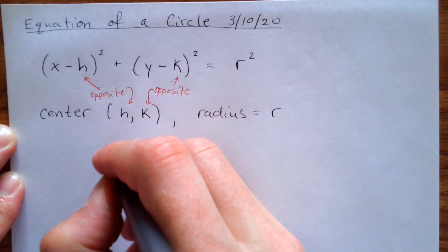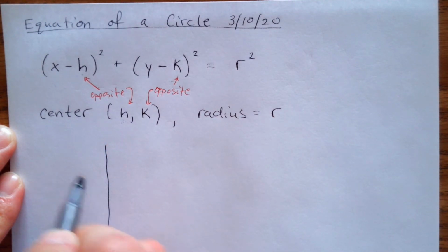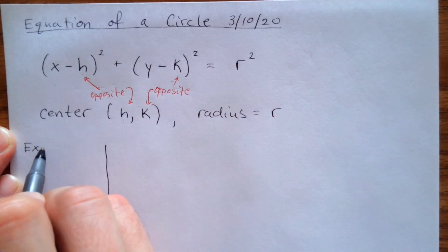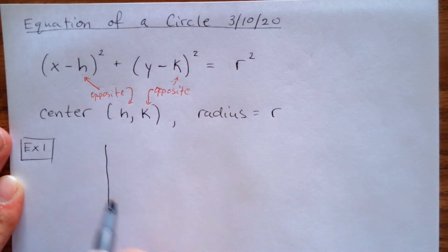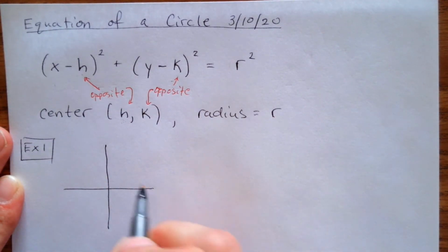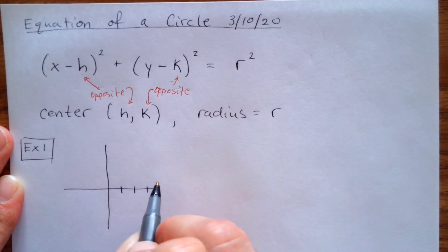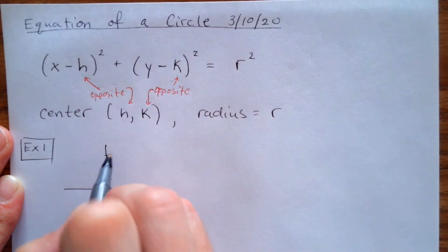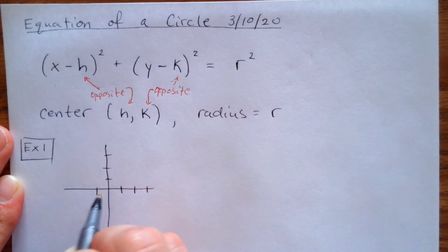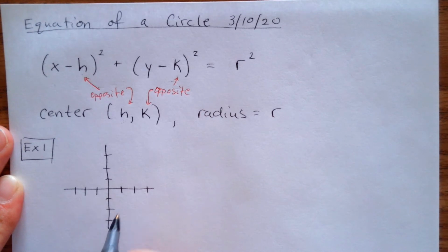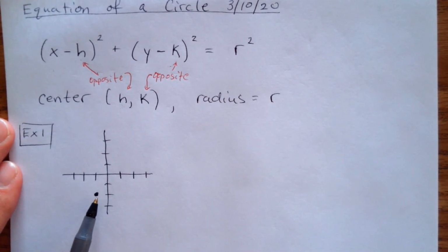So I'm going to draw a very simple graph. And I'm going to say 1, 2, just 3 tick marks in each direction. That's going to be my center.